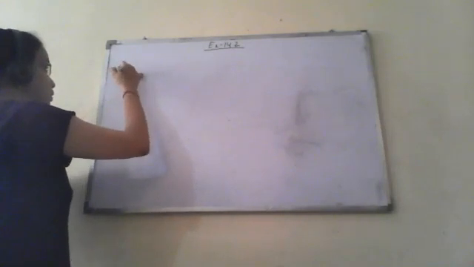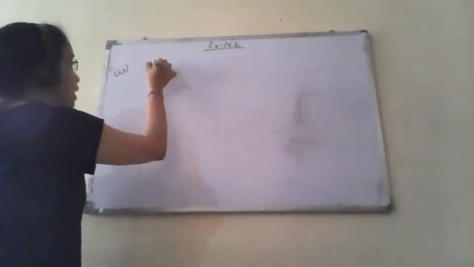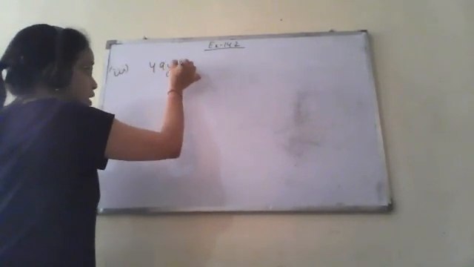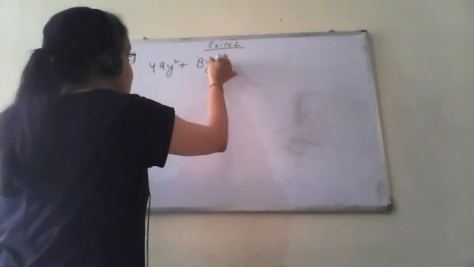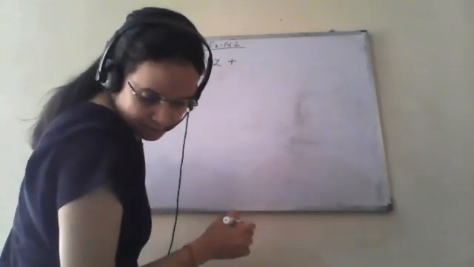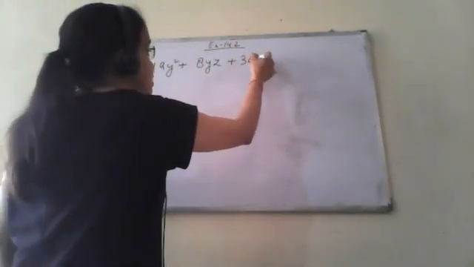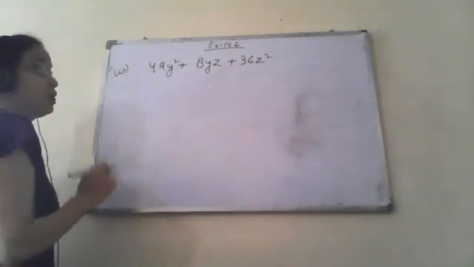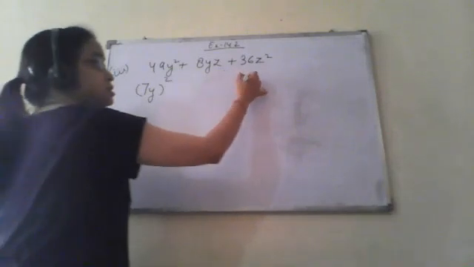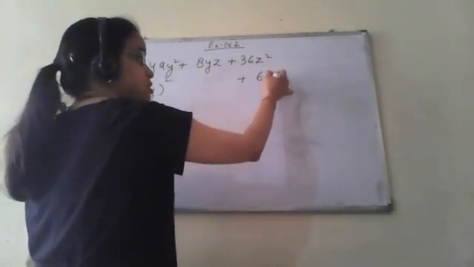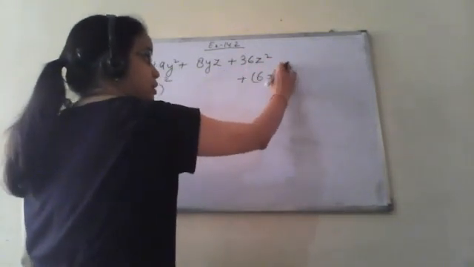Now third part, we have 49y square plus 84yz plus 36z square. Now this 49y square is 7y whole square. This 36z square is 6z whole square.